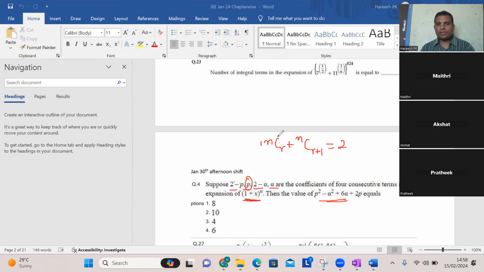Now can we simplify this? How to simplify this? There's an identity, right? Correct? Yes or no?